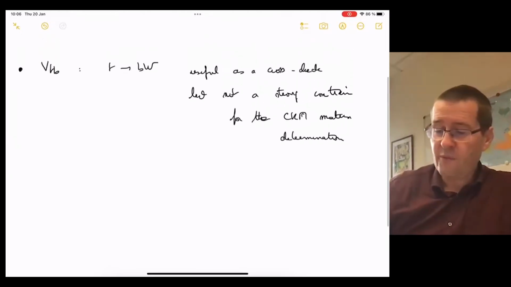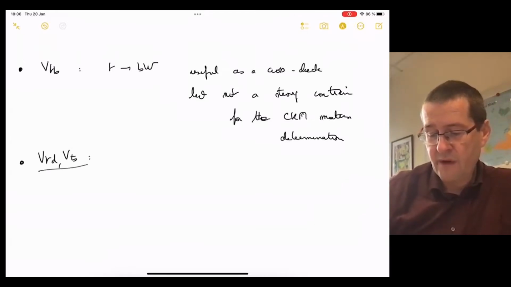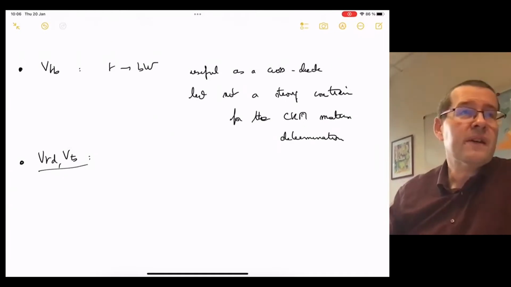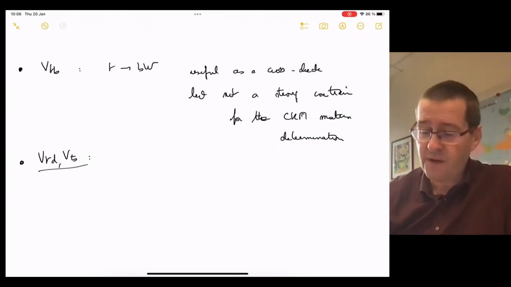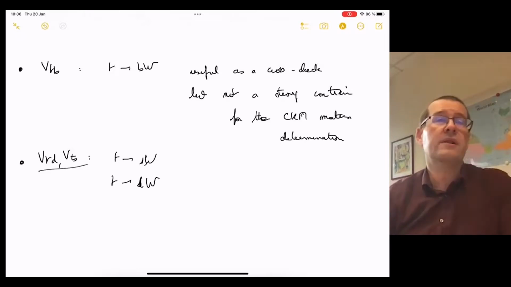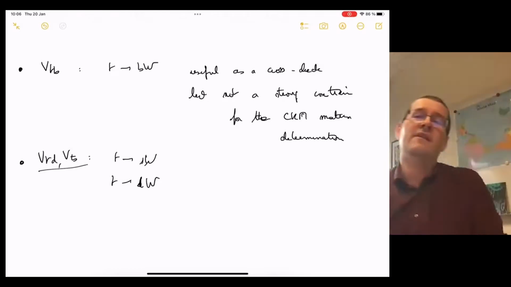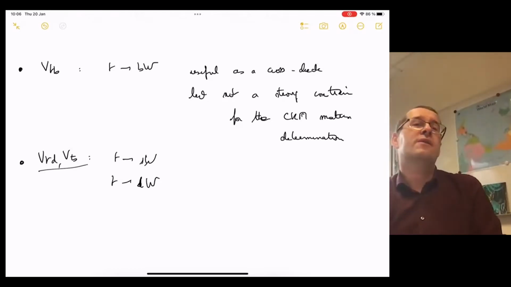And then the problem is what to do with Vtd and Vts. You could say, well, I look at the same kind of transitions, but actually this is very challenging experimentally, because you're completely overwhelmed by the t to bW transitions.